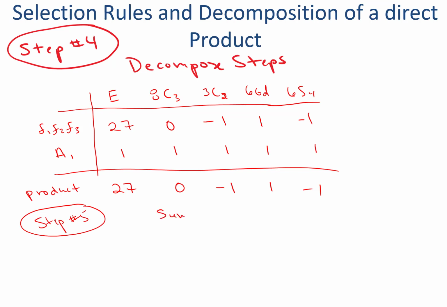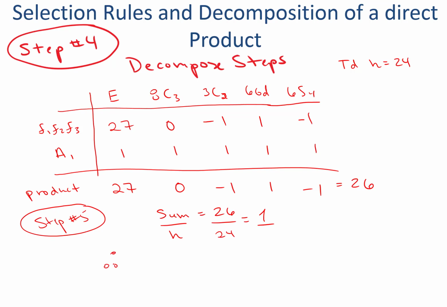That sum is equal to 26. And then we take that sum and we divide it by the order. And you'll recall for Td, the order is equal to 24. So we take the sum, we divide it by the order h, which is equal to 24, and we get a value that's approximately 1.